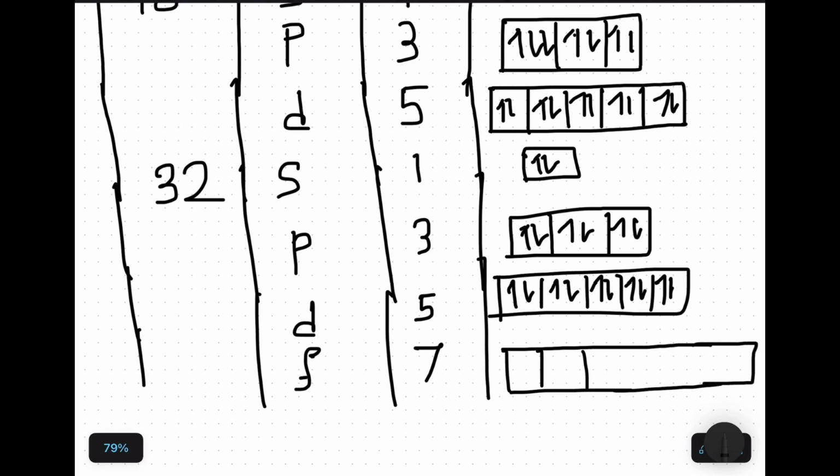So 1, 2, 3, 4, 5, 6 and 7. So it can hold a maximum of 14 electrons.